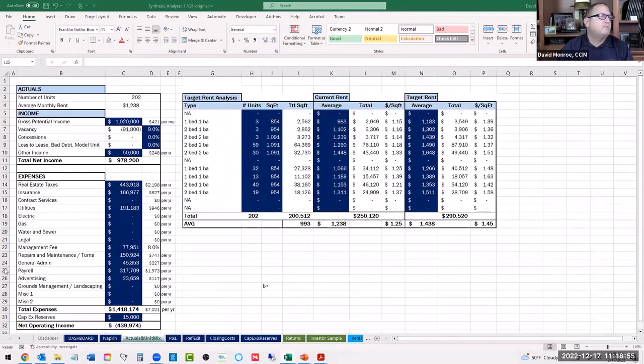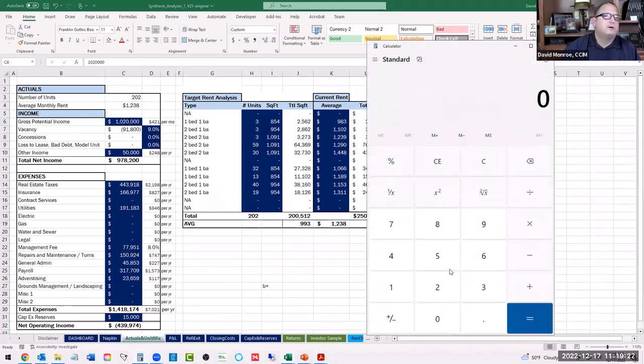So we have our income, we have our expenses. Gross potential income, you're going to need to multiply this number. So, let's do it this way.